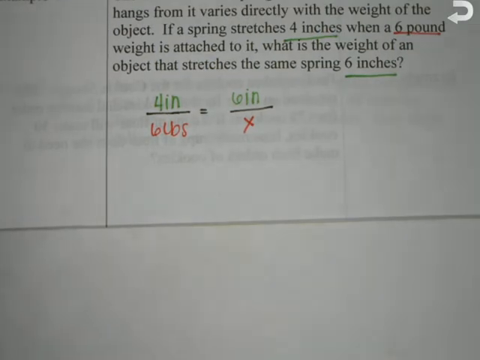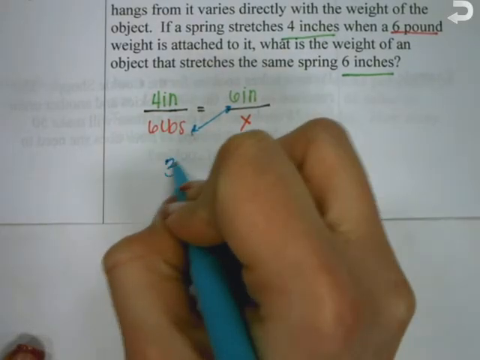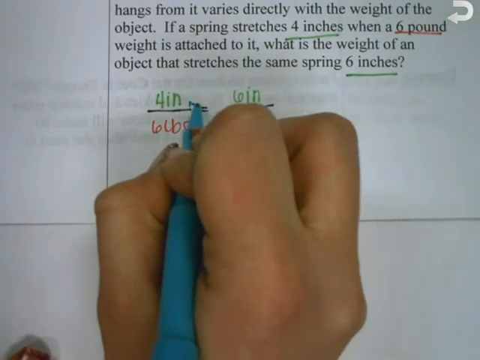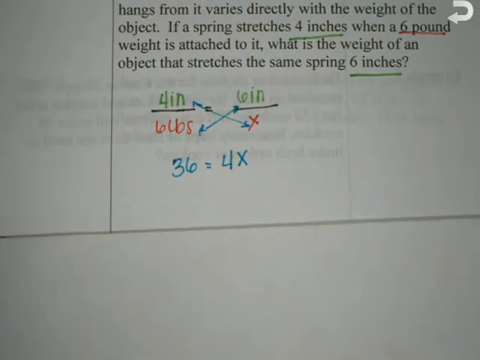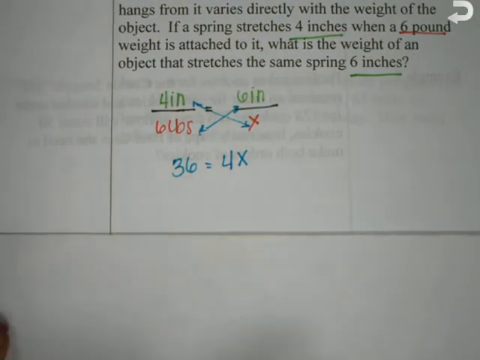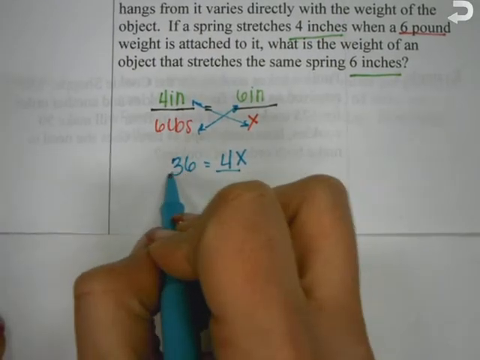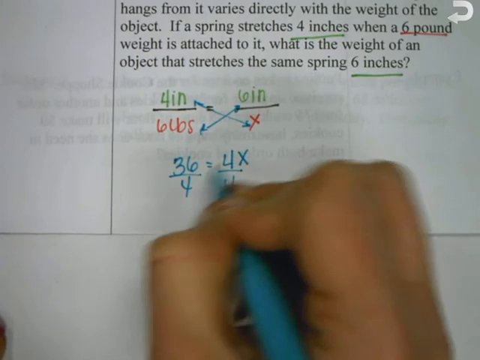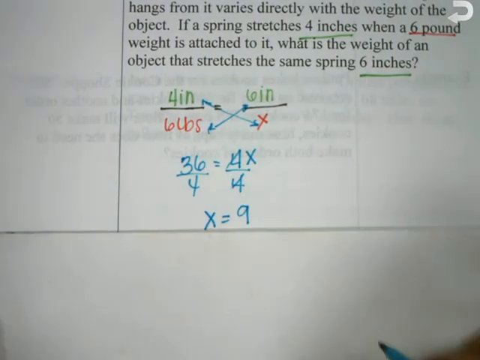Okay, next step. Christina? Divide by 4. Very good. And we get x equals 9 what? 9 pounds. Good. So if the spring was stretched 6 inches, that means it had a 9-pound weight attached to it.